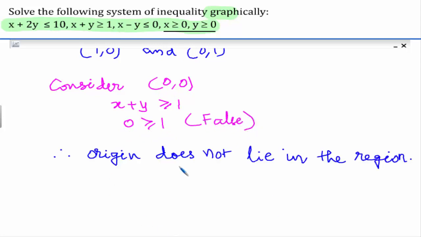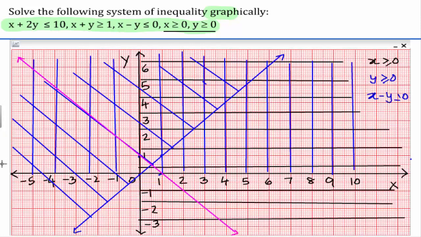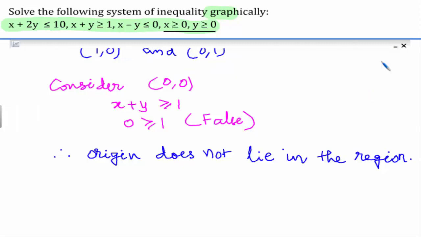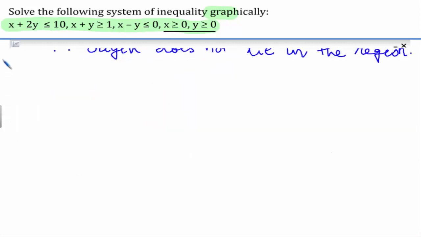So therefore the origin does not lie in the region. So we have to draw the lines that are just opposite to the origin, this way. So these pink lines will represent the solution of the inequality x plus y greater than or equal to 1.